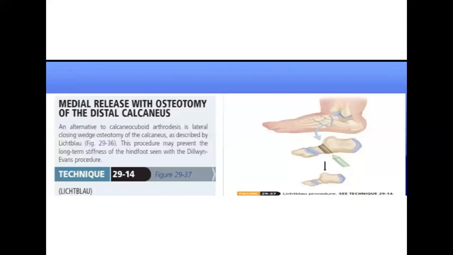medial release with osteotomy of the distal calcaneus. An alternative to calcaneocuboid arthrodesis is the laterally closing wedge osteotomy of the calcaneus as described by Lichtblau. This procedure may prevent the long-term stiffness of the hindfoot seen in the Dillwyn Evans procedure.